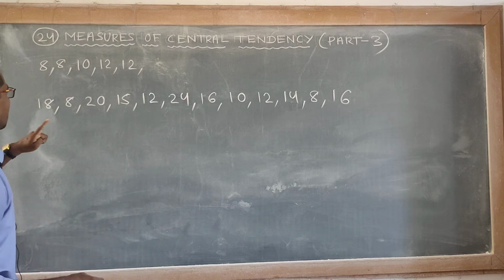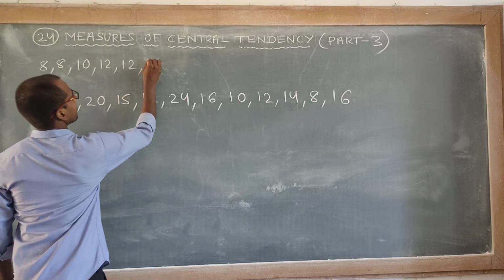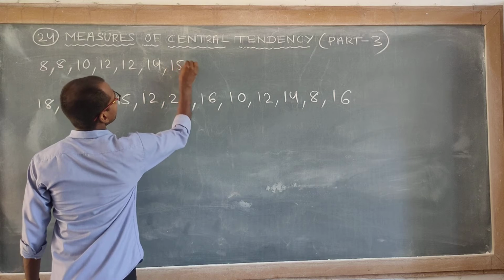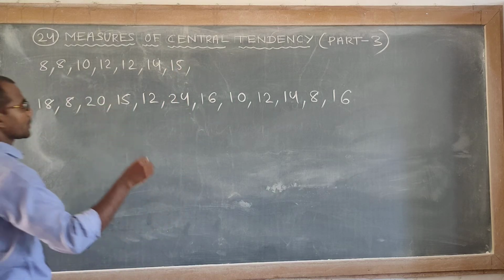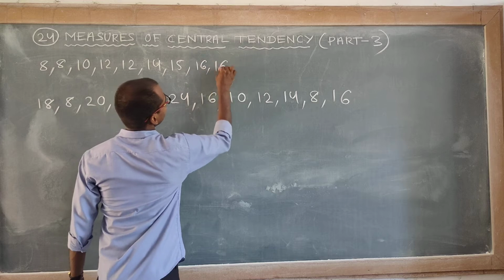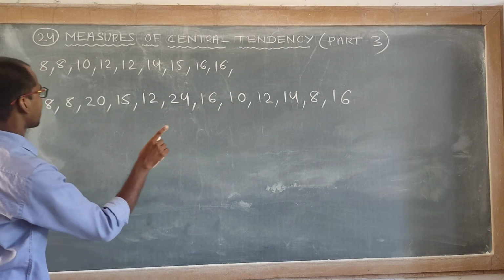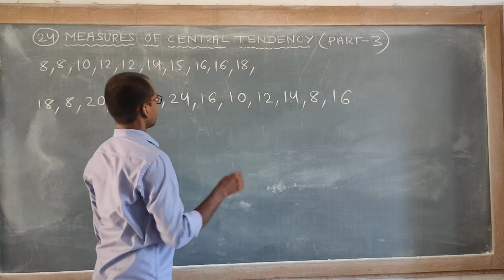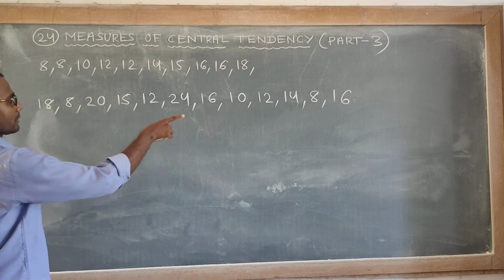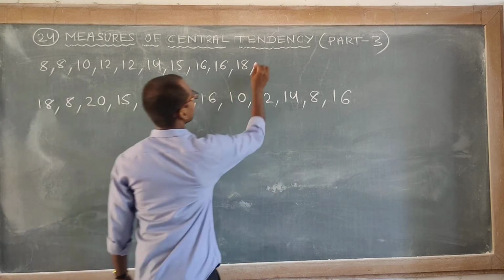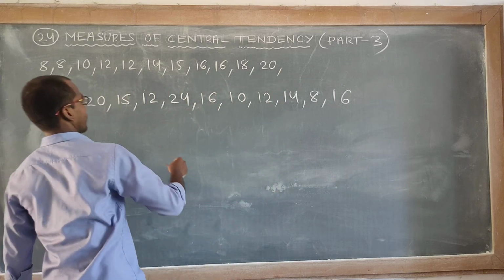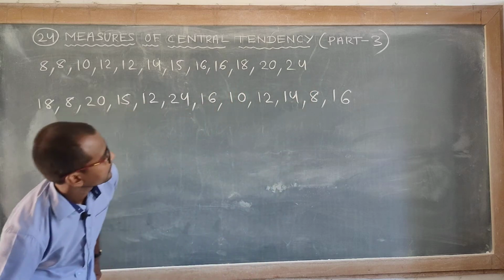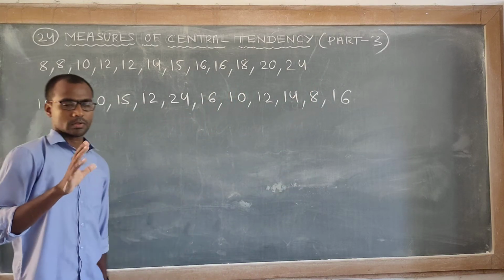Next 13 is not there, 14 is there, 14, 15, 16 two times. After 16, 17 not there, 18 is there, 19 not there, 20 is there, then 24, then 24.